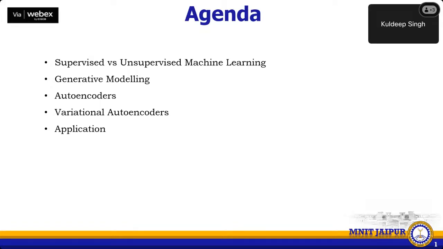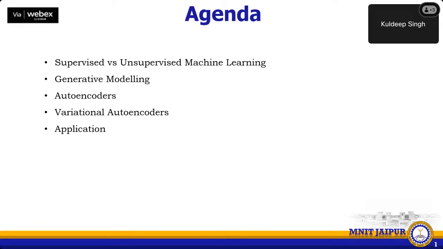I'm sure you must have gone through these concepts of supervised and unsupervised machine learning, also the concept of generative modeling. But for better understanding of the participants, I'll just quickly summarize these concepts again, and then we will move forward to techniques such as autoencoders, then variational autoencoders, and we will see the applications of variational autoencoders.